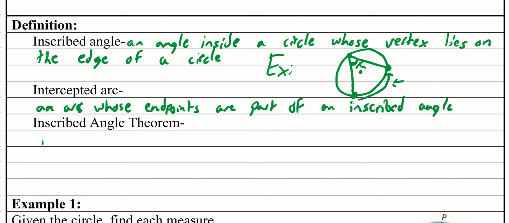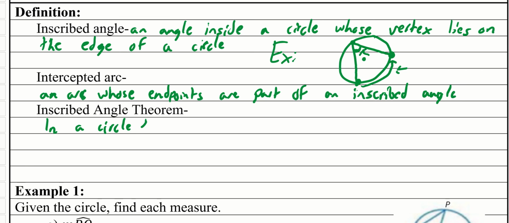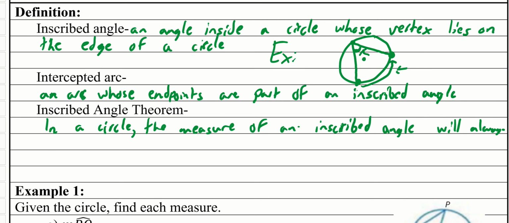It says in a circle, the measure of an inscribed angle will always be half the measure of the intercepted arc.